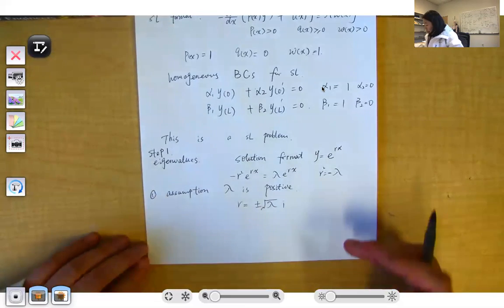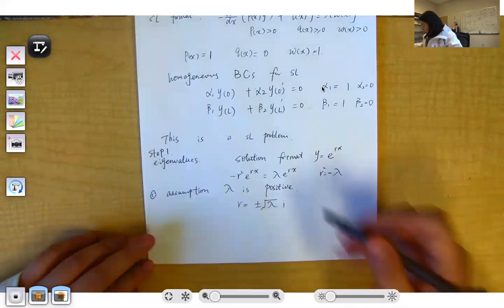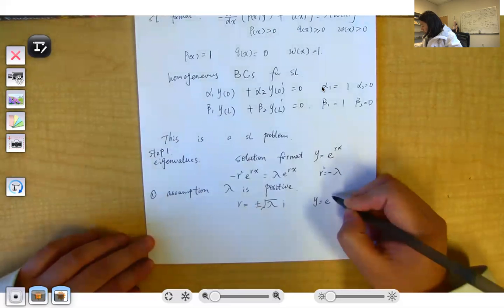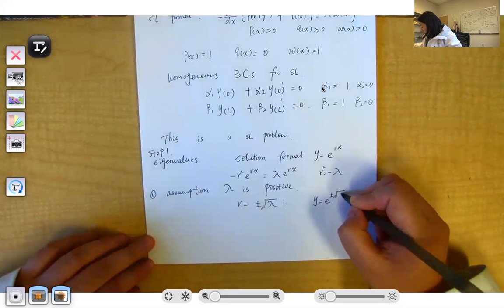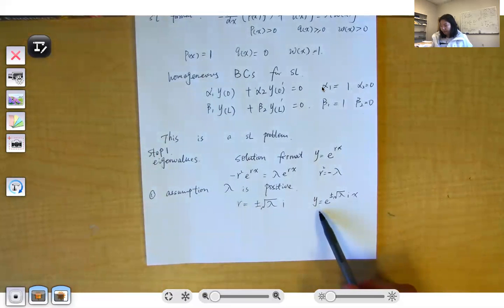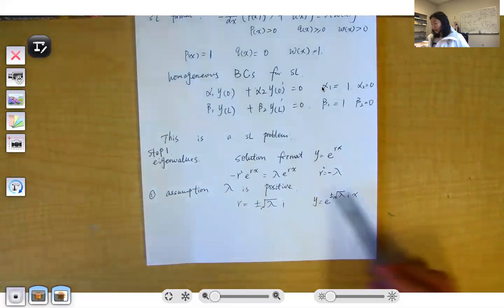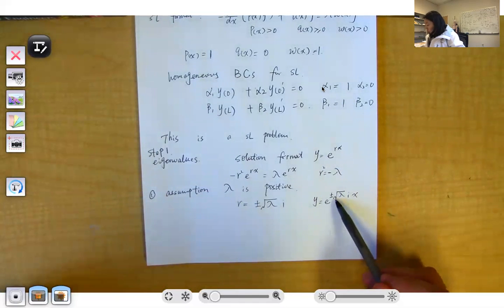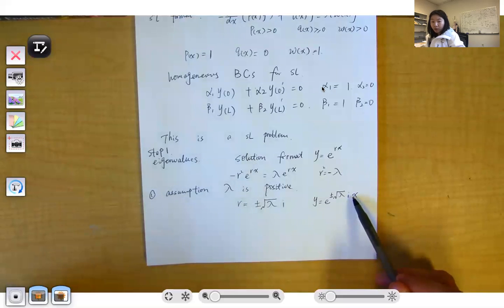Then when you have this solved, what does your solution look like? It will be exponential of plus minus root lambda i x, right? And when you have the solution as an exponential with the complex term i there, you can write it in sine cosine format.